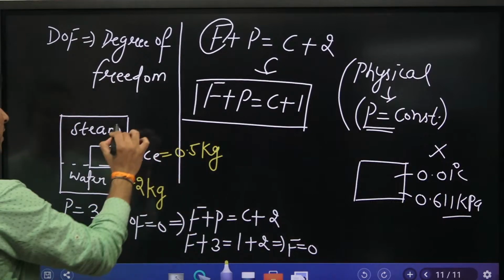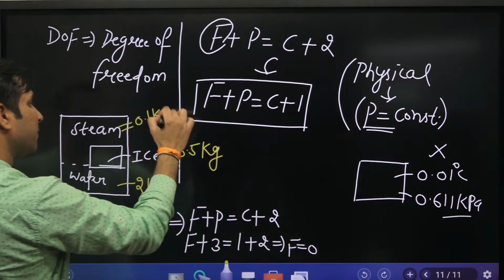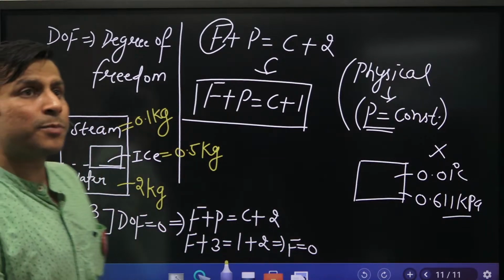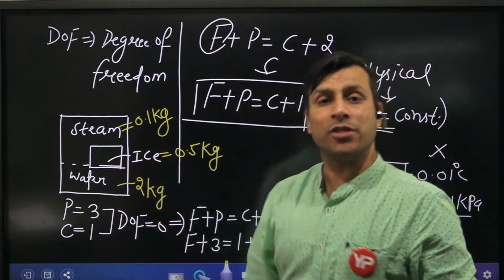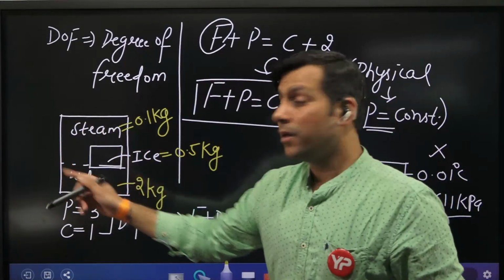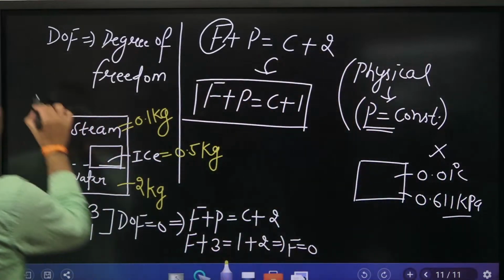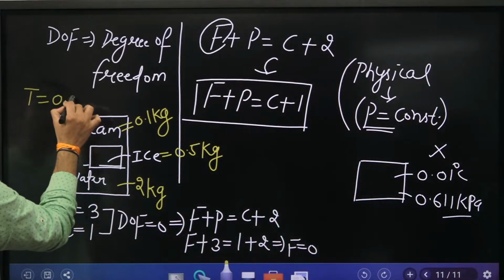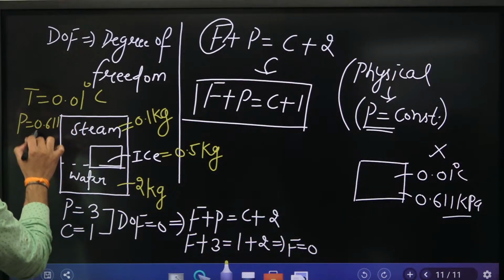Okay, you are having suppose 0.1 kg steam. In this particular system, you are having this much water, this much ice, this much steam. If they are in equilibrium, their mass will remain same as long as you are keeping the temperature 0.01 degree Celsius, the pressure 0.611 kilopascal.